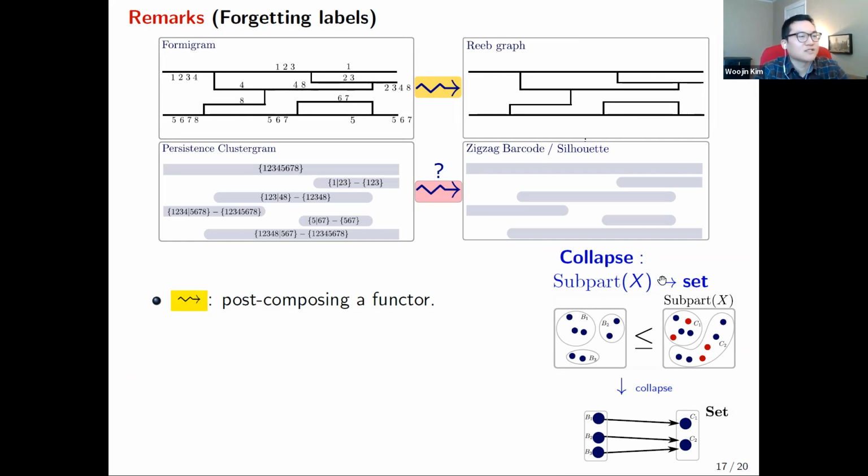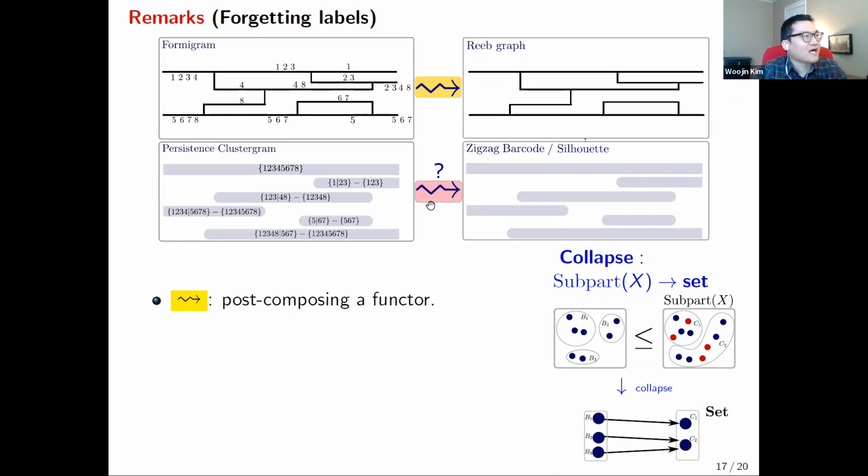We post-compose this functor with the formigram, and then we obtain the riprap. So how does this functor work? We have this 3-block partition and this 2-block partition, with this refinement. These 3 blocks correspond to 3 points in the set, and these 2 blocks correspond to 2 points in the set. Depending on which block is contained in which, we assign arrows. Then what we have is really a set map between sets.